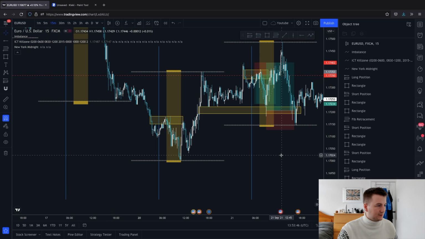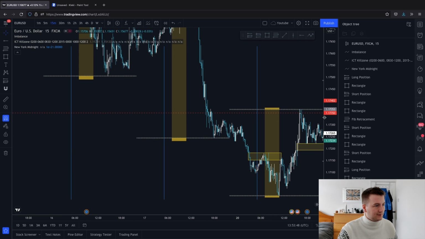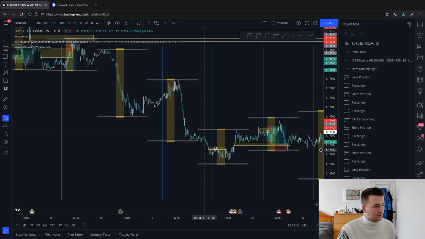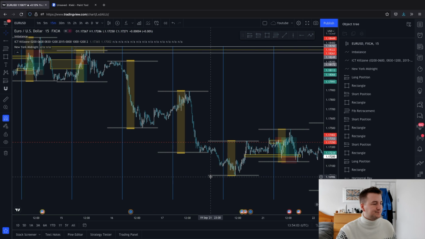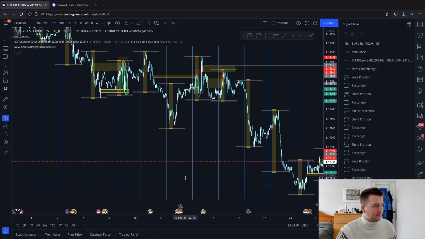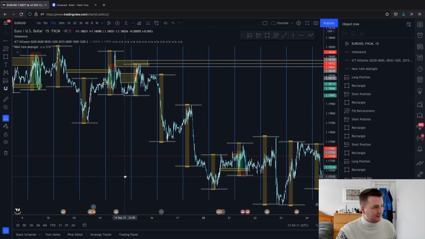There wasn't a whole load of opportunities around here for a good few days. So 1, 2, 3. I know I drew this imbalance out, but there's imbalance in the whole leg, so I wouldn't have entered that trade. So yeah, for 3 days, didn't get any opportunities, but for the rest of the days, I did.